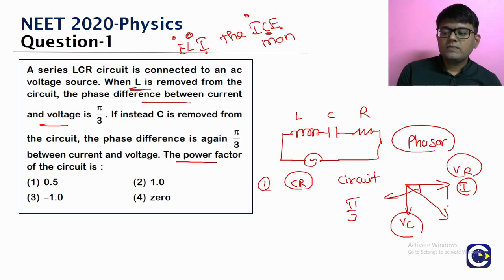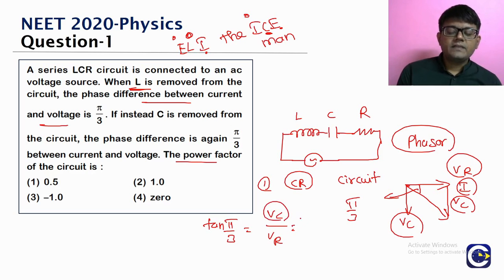Now in terms of the relation, this is VC, so tan pi by 3 will be equal to opposite, which is VC, by adjacent, which is VR. VC will be equal to I times XC, where XC is the capacitive reactance, and VR is equal to I times R. So I is cancelled, and tan pi by 3 is root 3.